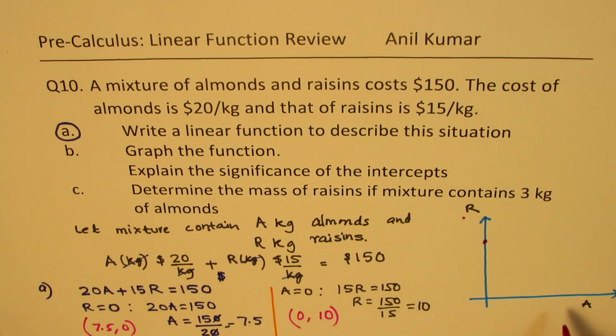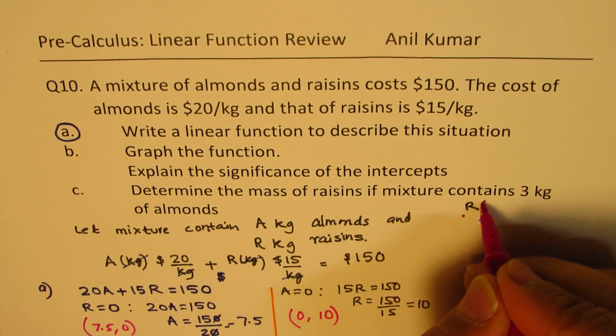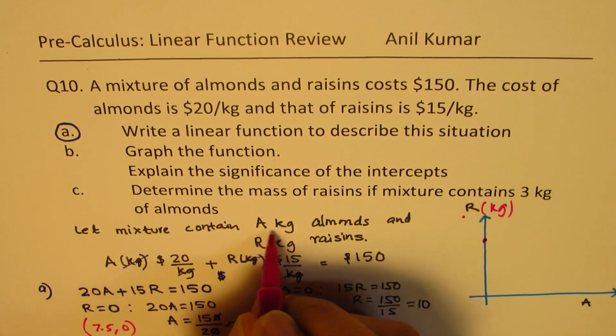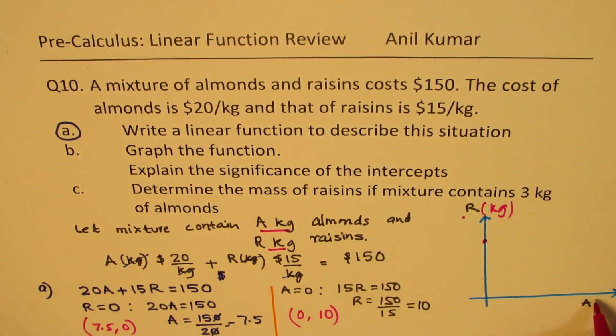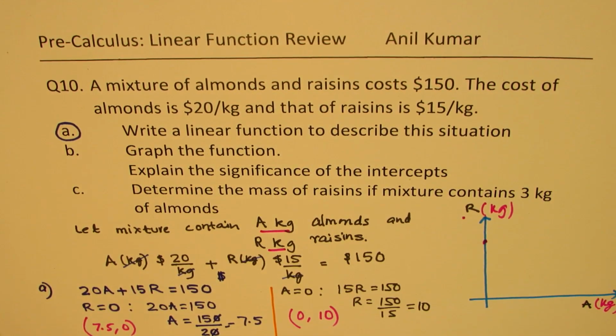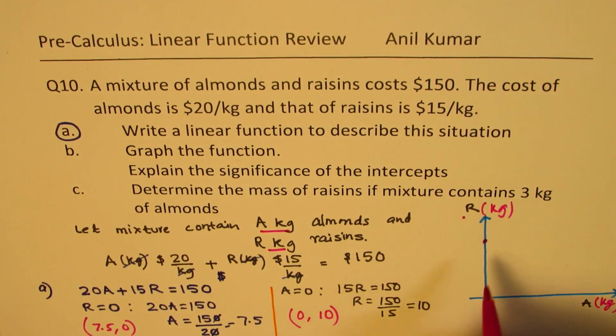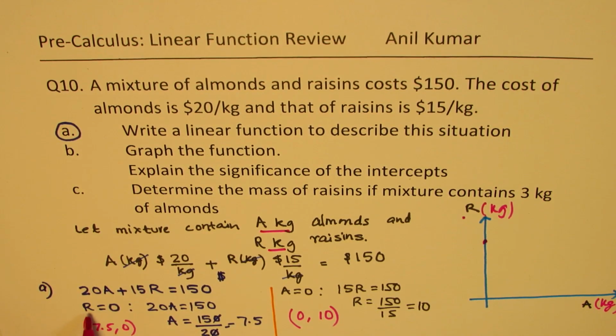Both almonds and raisins are in kg, so these are the variables which we define. What we get here is a straight line where, if we do not use almonds, the mixture consists of all raisins.